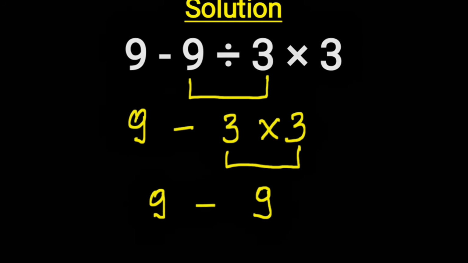The expression now reads 9 minus 9. The high-priority work is complete. The subtraction, which has waited patiently all this time, finally gets its turn. 9 minus 9 equals 0. The correct answer is 0.